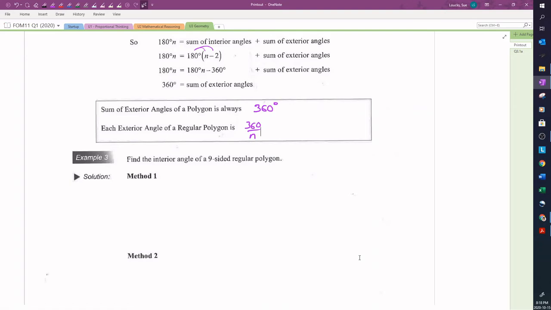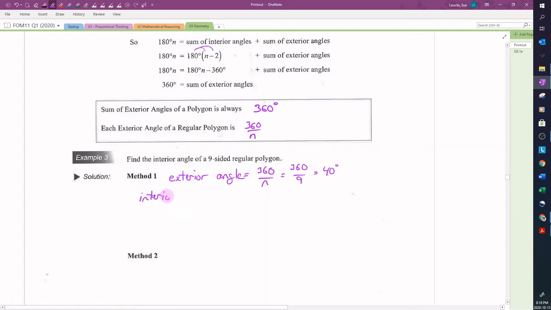So one method, which is using this sum of the exterior angles, is each exterior angle is 360 divided by n, and in this case it's 360 divided by 9, which is 40 degrees, and the interior angle plus the exterior angle equals 180.